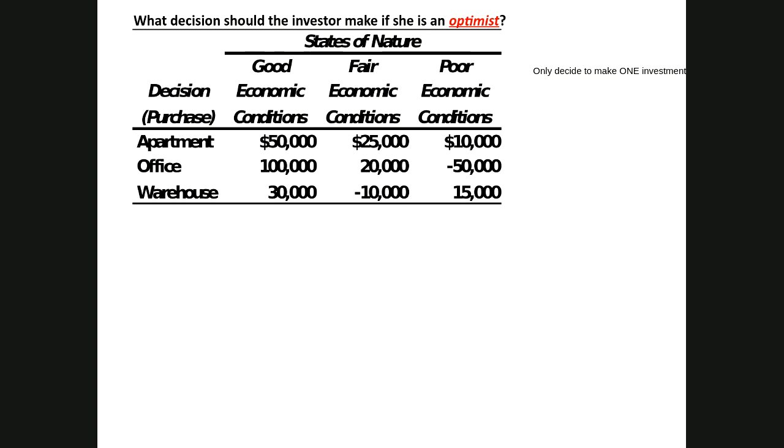Okay. So the question now is, let's suppose our decision maker is an optimist. If you're an optimist, the textbook says we make this decision under the maxi-max criteria.